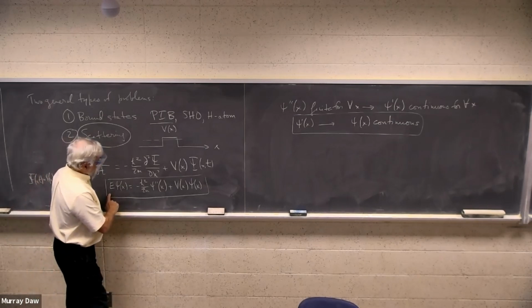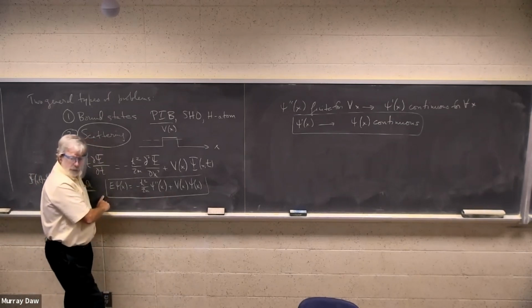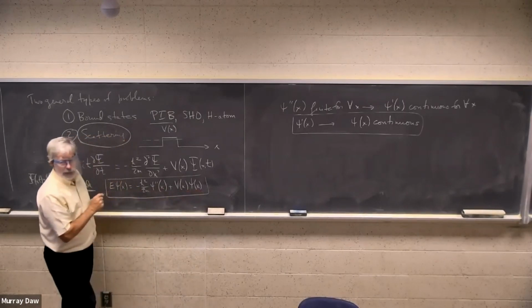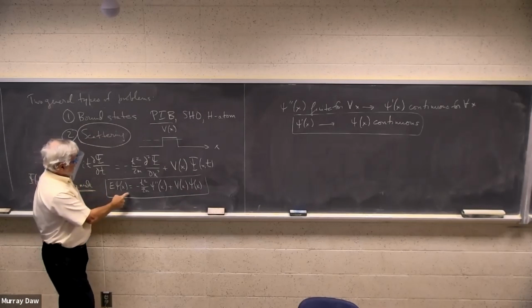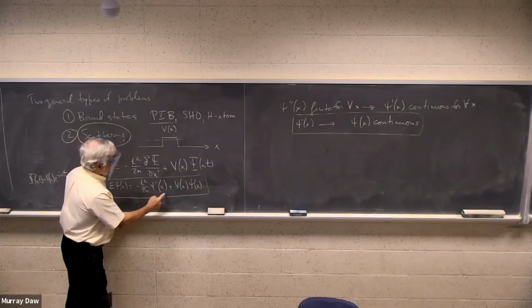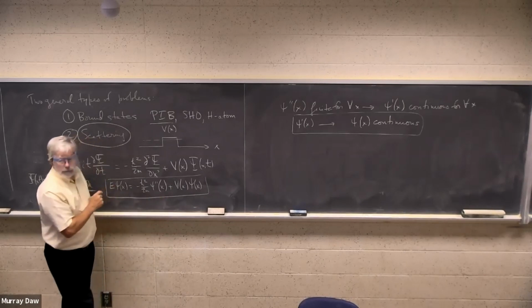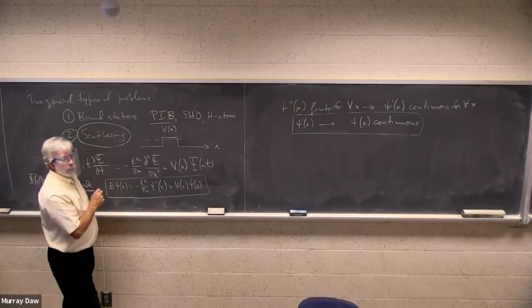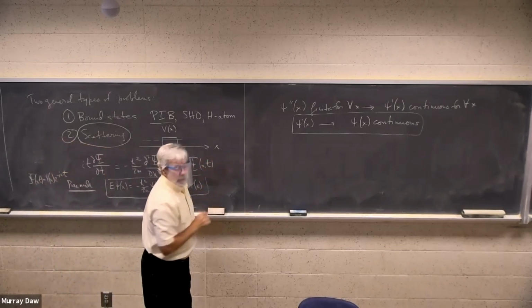Remember, this kind of differential equation has a function of x on the left-hand side and a function of x on the right-hand side. And so the function of x here is continuous, and so the second derivative must be continuous.